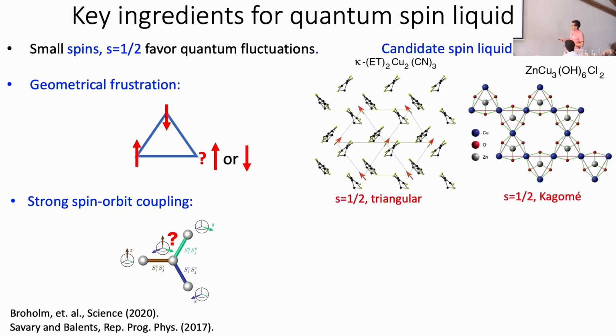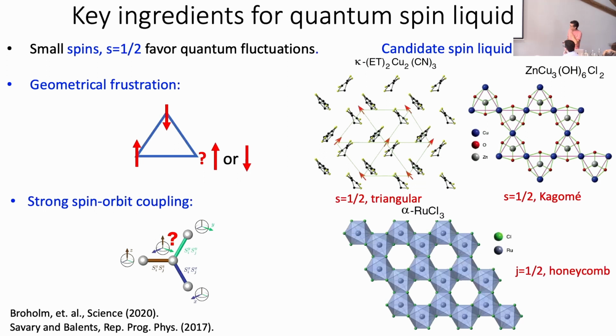And so we have examples of geometrical frustration, such as the kappa cyanide, which is the spin 1/2 triangular lattice, as a candidate spin liquid material, or the spin 1/2 Kagome lattice, like given by this inorganic system. So these will be examples of geometrical frustration in 2D, which may host a spin liquid, right?